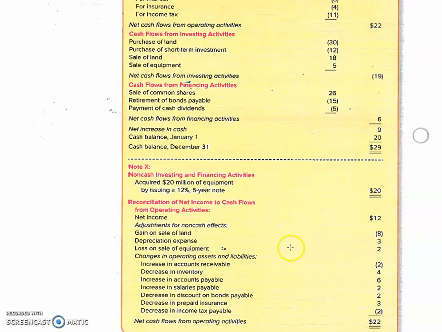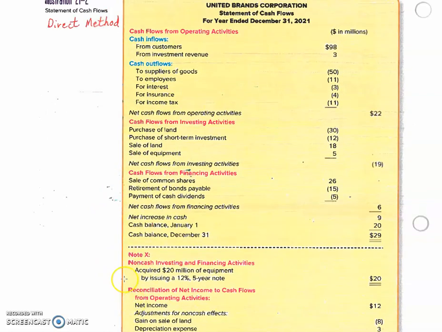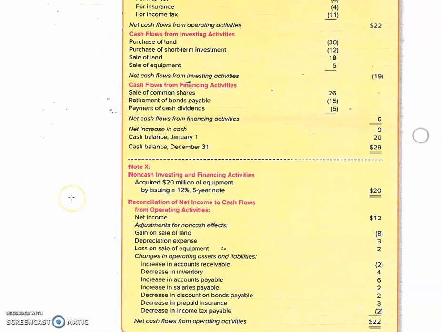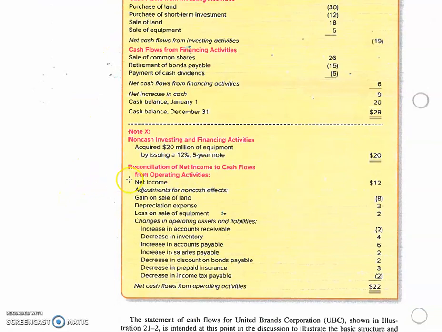Well, the reconciliation explains that for us. Now, this reconciliation is basically the indirect method. So if you use the direct method, then you also have to provide a reconciliation of net income to cash flow from operating activities, which is essentially the indirect method. So net income was 12 million.